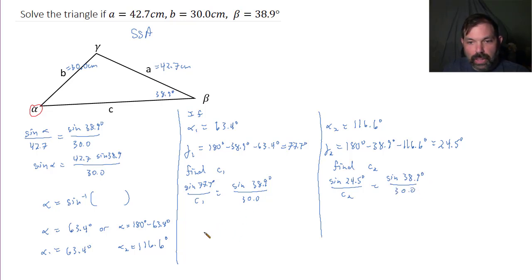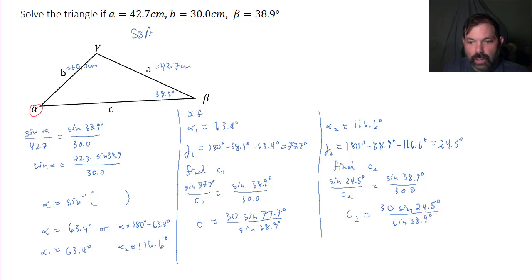A little bit of algebra. C1 is 30 sine 77.7 degrees over sine 38.9 degrees. C2 is 30 sine 24.5 degrees over sine 38.9 degrees.